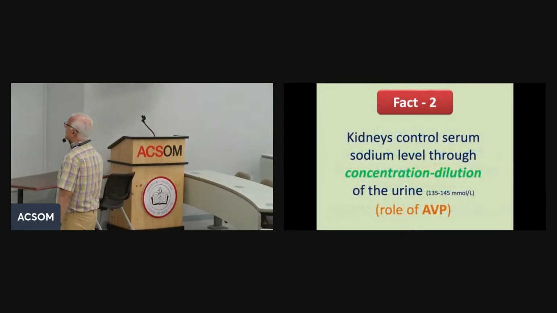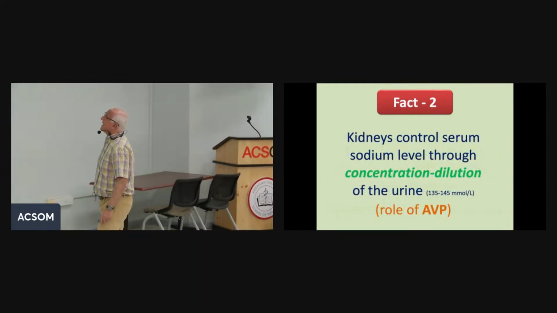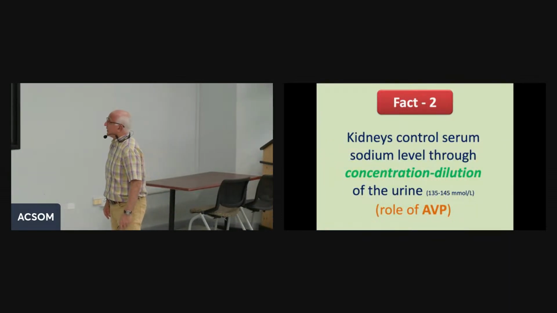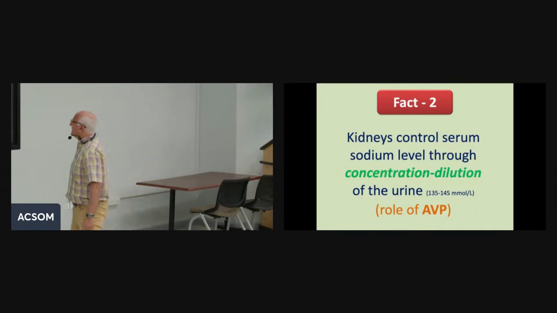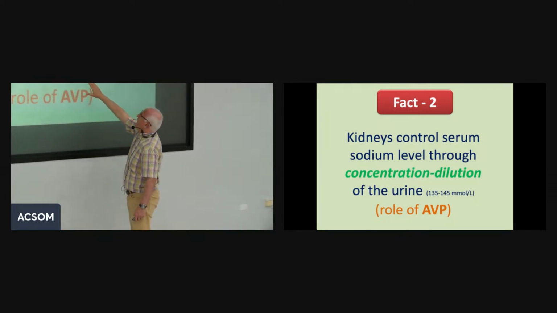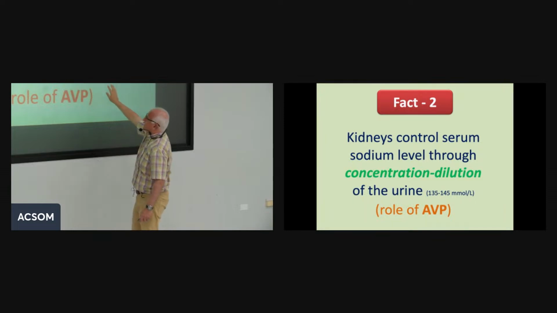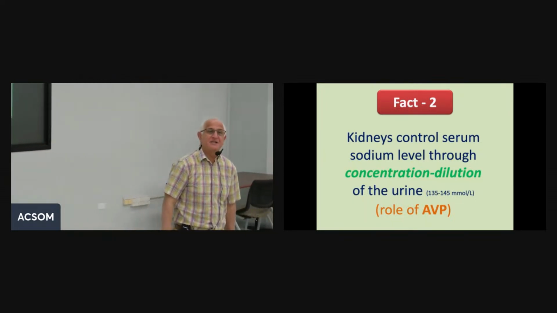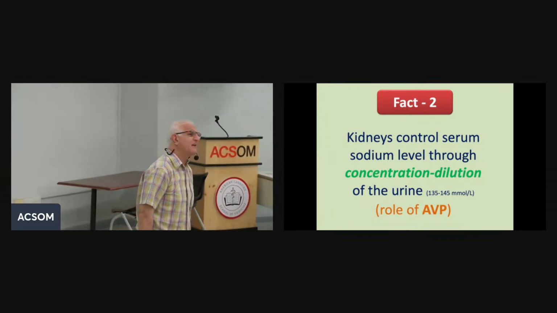It gives us hyponatremia. So keep in the mood of thinking about water more than sodium when we talk about hyponatremia. Fact number two is that the kidneys control serum sodium levels through concentration and dilution of the urine to keep the serum sodium between 135 to 145 millimole per liter. Let's call it 140 to make it easy for us. Role of AVP. Do you remember what AVP is? Arginine vasopressin. Is there another name for it?